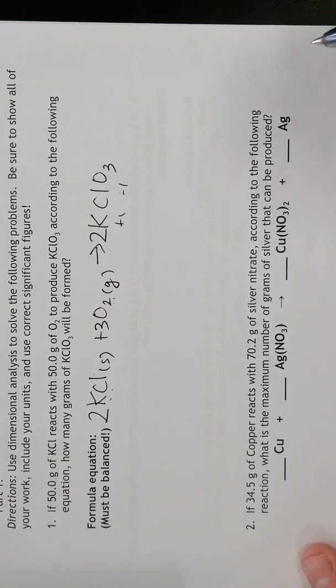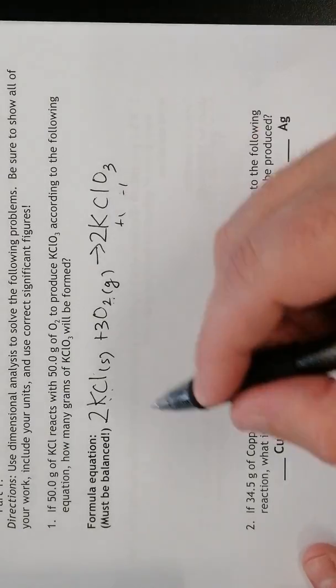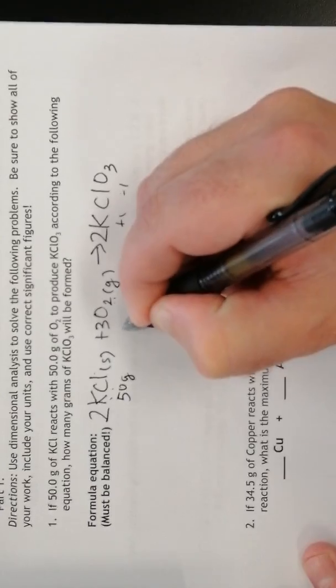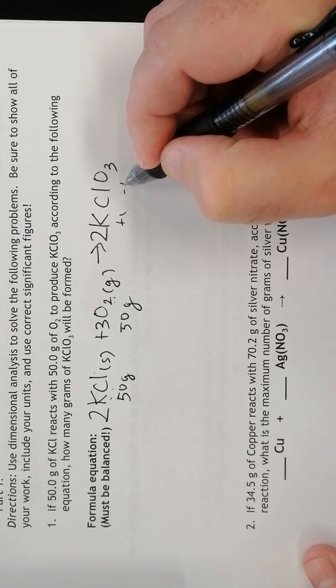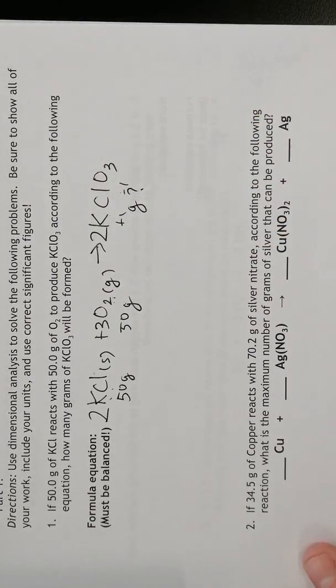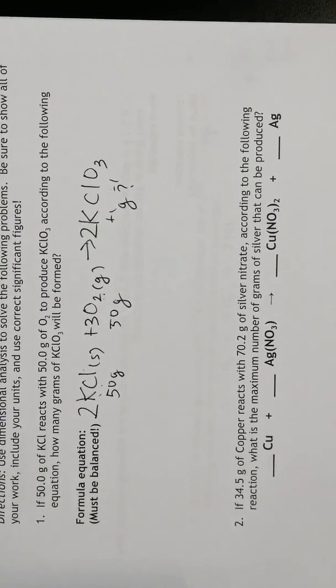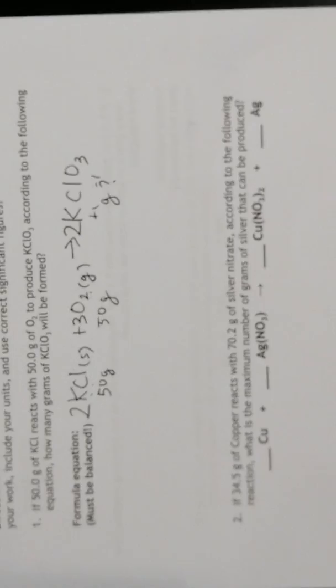All right. So start with what you have to what you want. What do I have? It's telling me I've got 50 grams of this, and I've got 50 grams of this, and I want to know how many grams of potassium chlorate. Now, the trick is some of these questions will also ask you what is the limiting reactant.